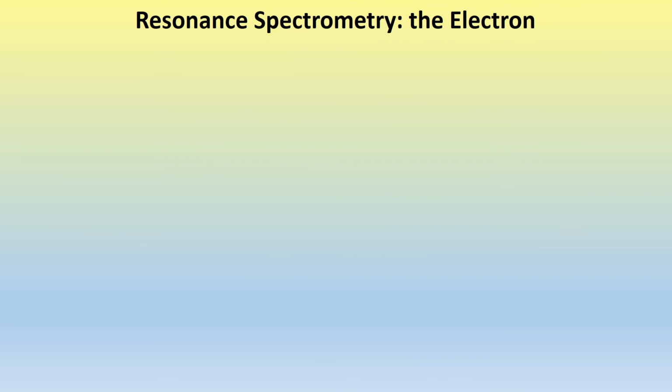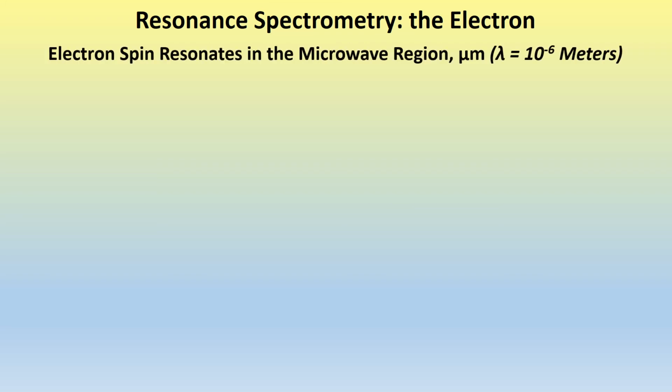We will first look at resonance spectroscopy for the electron. Electron spin resonates in the microwave region with a wavelength of 10 to the minus 6 meters. Repeating, the energy of the attraction between the external magnet and the individual electron is G times the Bohr magneton times the external field.